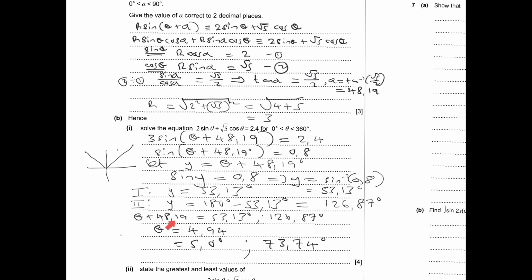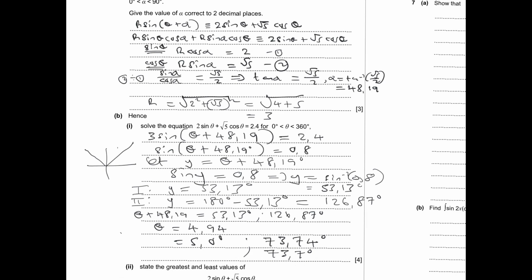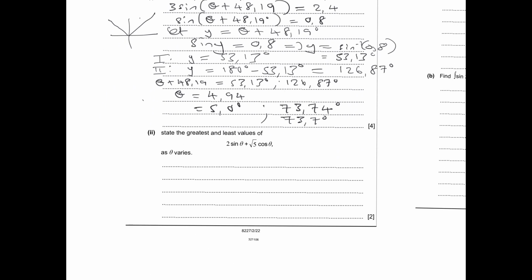So we bring in our theta in place of y, getting these as our solutions. This one here to 1 decimal place should be 73.7. Okay, that is actually our answer there, to 1 decimal place. All right, so that's what we have there.